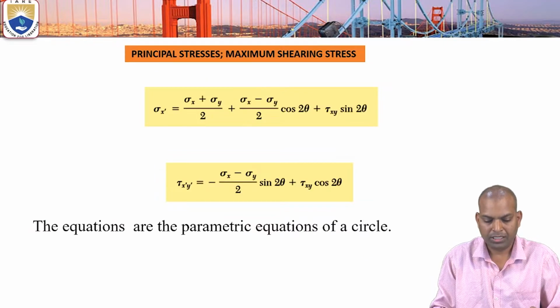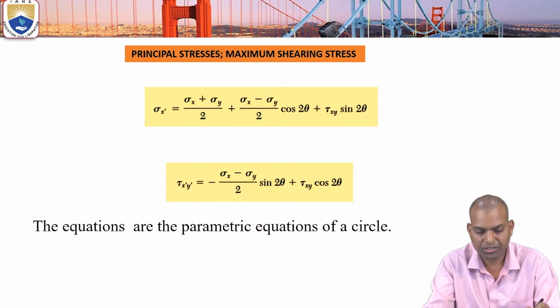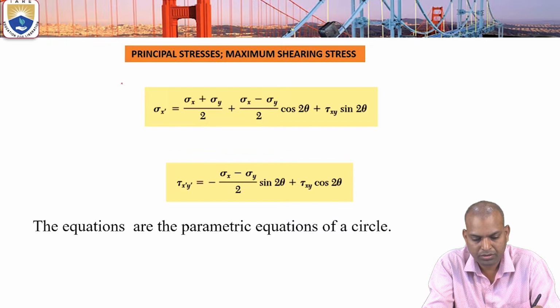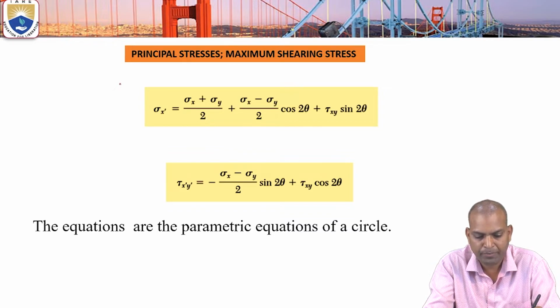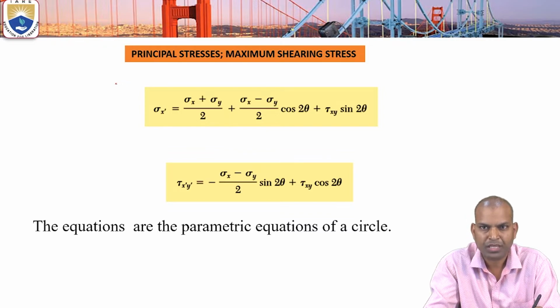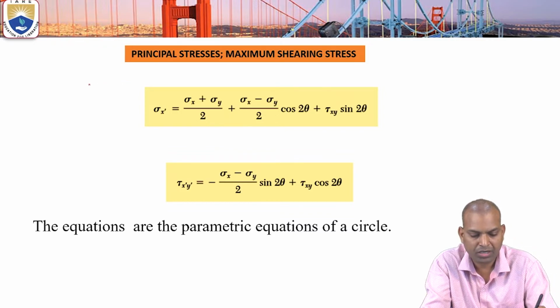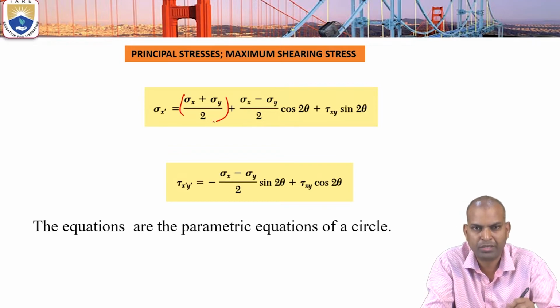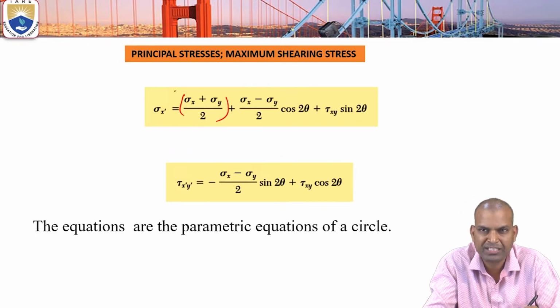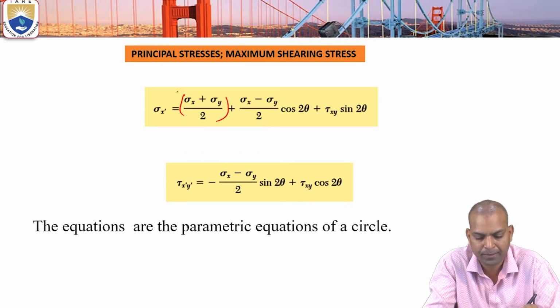Okay. Next, from these equations, we are going to find out some other terms, that is the principal stresses and maximum shearing stress. So here the equations are already calculated, that is sigma x dash equal to sigma x plus sigma y by 2 plus sigma x minus sigma y by 2 cos 2 theta plus tau xy sin 2 theta.